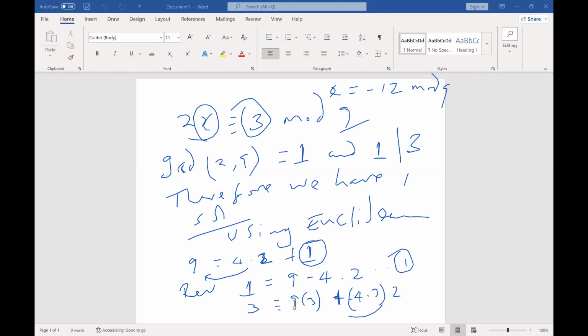Or alternatively, just add 9 to negative 12 several times until you get a positive answer. So when I add 9 to negative 12 once, I get negative 3. When I add 9 the second time, I have 6. Is that okay? So x is 6.